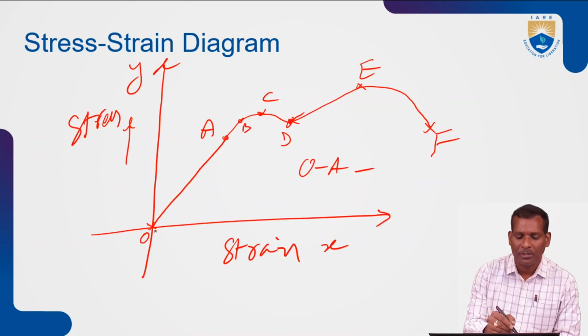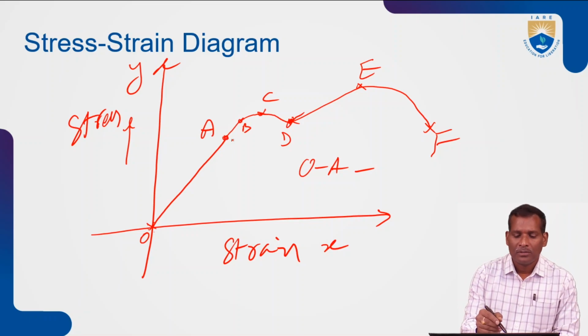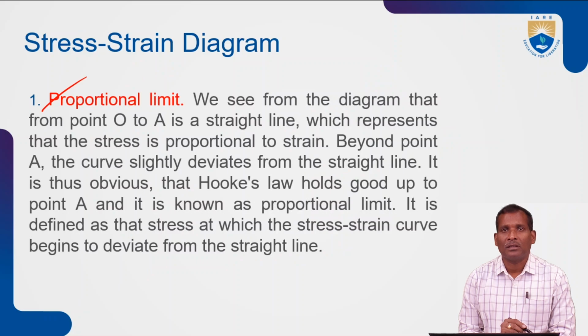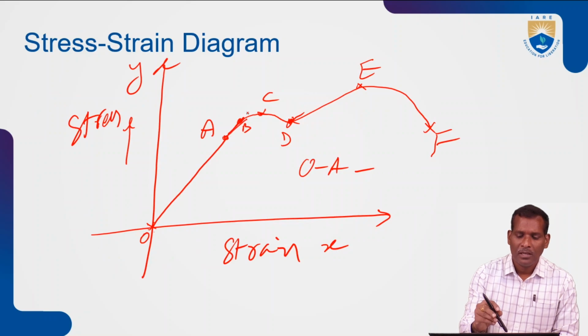So here, up to A is a straight line, and from here to B it started deviating from the straight line into a curve.